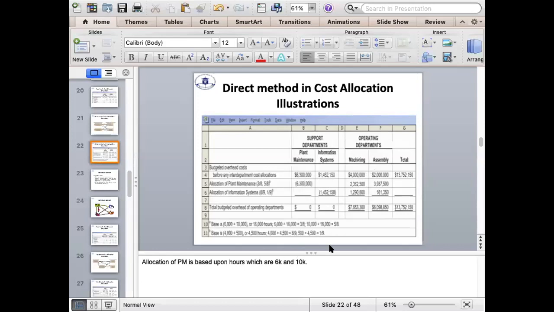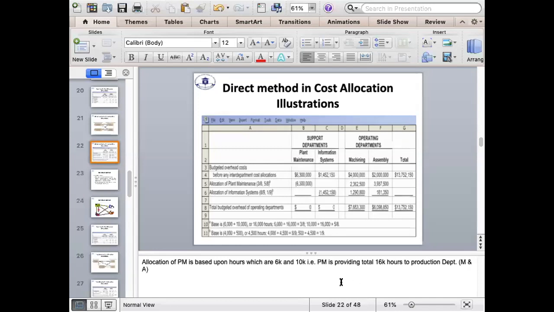So what does it mean? It means plant maintenance is providing total 16,000 hours to production department, which is machine and assembly.